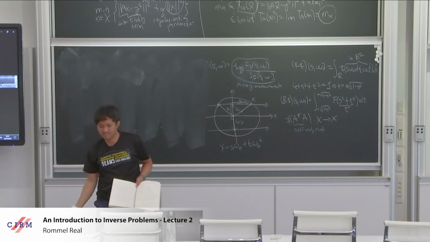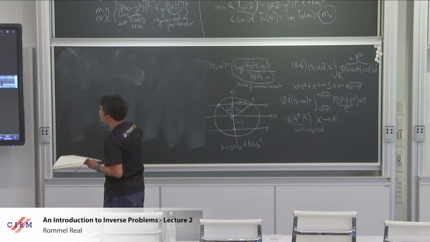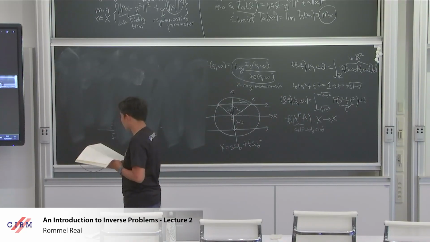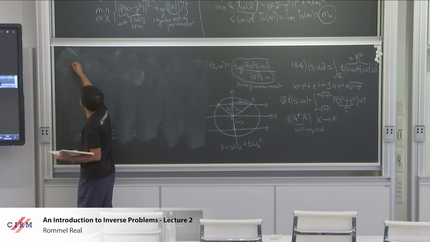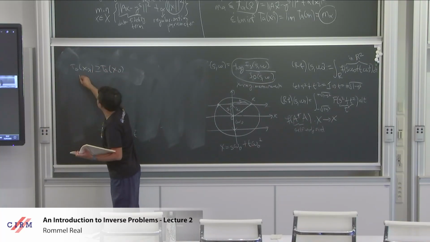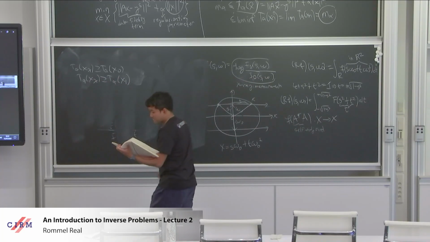Okay, there's a uniqueness part there, and then if you look at that part there, you'll see that T sub alpha of x lambda is equal to T sub alpha of x0, and T sub alpha of x lambda is less than or equal to T sub alpha of x1.